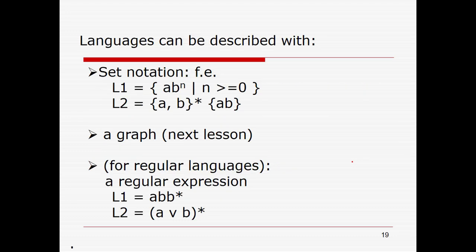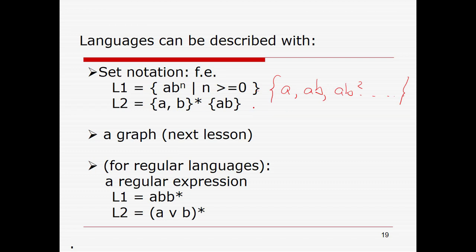Okay, if we look at languages, then we can describe them in several ways. So we can do this with a set notation. For instance, you see this language L1 is with a prescription. So we have a followed with n b's, and this n could also be 0. So for instance, this language contains a, or ab, or ab square, etc. And the other one is another notation.